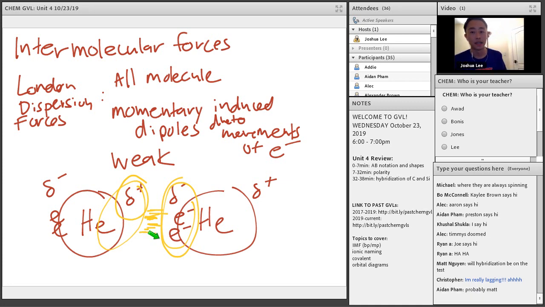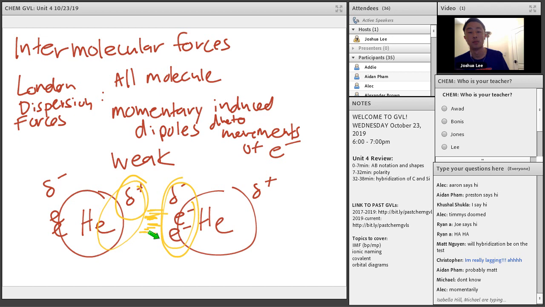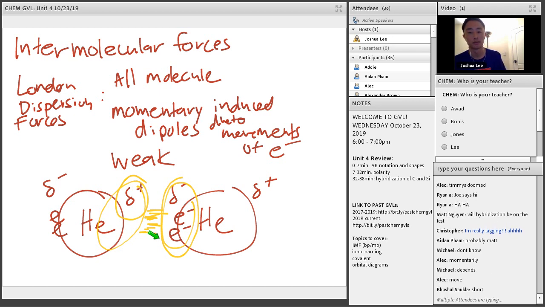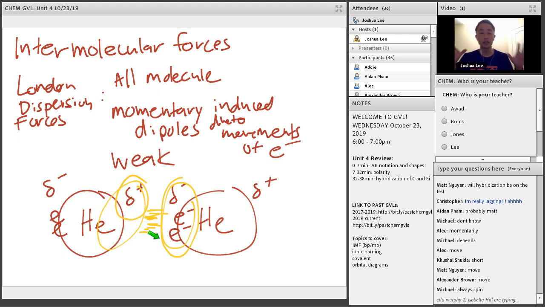But how long will this last? Momentarily. Because what do electrons do? They move. As soon as they start attracting each other, the electrons move, and now they're not attracting anymore. So that's why it's constantly changing, and that's why it's really weak.